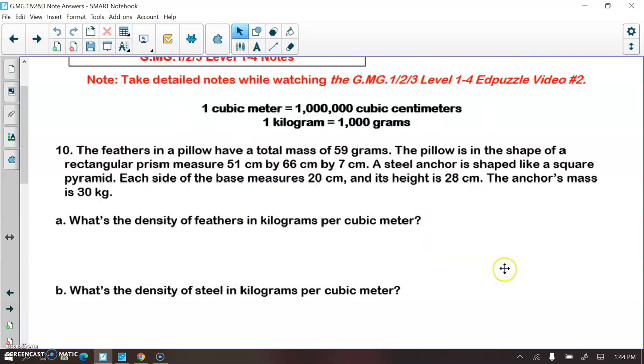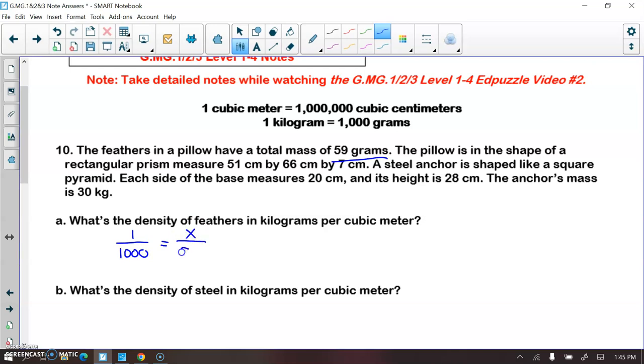So, we first have the mass in grams, and we're going to need it in kilograms in order to find the density of the feathers in kilograms. So I'm going to use that 1 kilogram is equivalent to 1,000 grams.